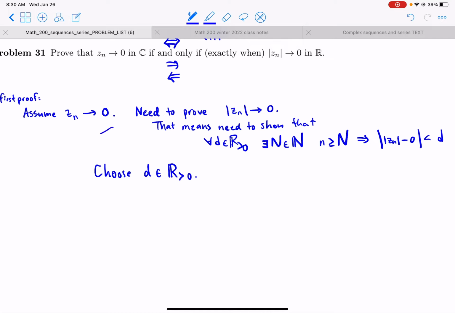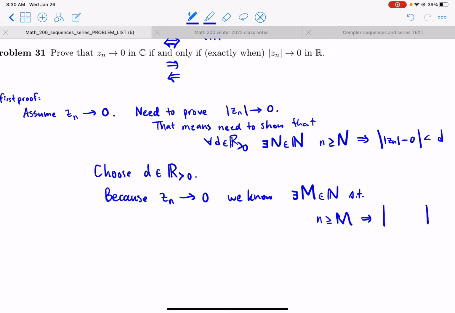Okay, now I need to use my assumption. Because z_n converges to 0, we know there exists some, and I'm tempted to say capital N, but I already sort of have that in mind, so I'll say capital M, there exists some M such that all the little n's greater than M imply something is less than d.